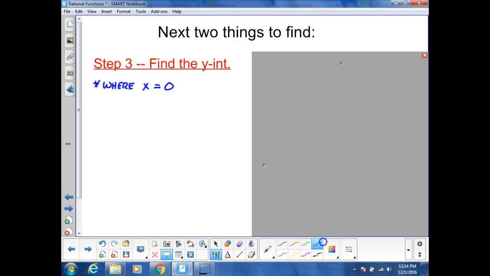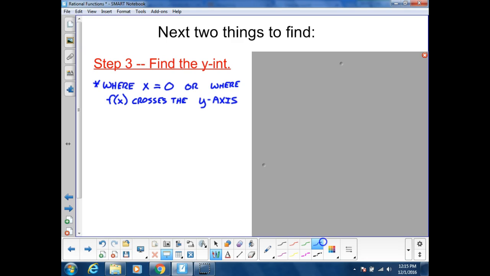It's where x equals 0. Yes. Okay? So it's also, actually I don't want to say intersects. We'll say crosses the y-axis, right?